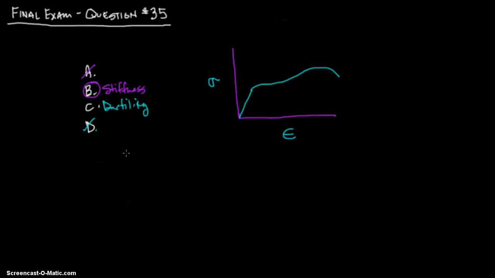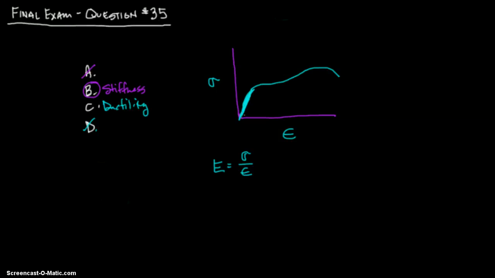But hopefully you know by now it's not strength, because the ratio of unit stress to unit strain for a material is E, and it's stress over strain. That's actually what we're talking about: the modulus of elasticity.